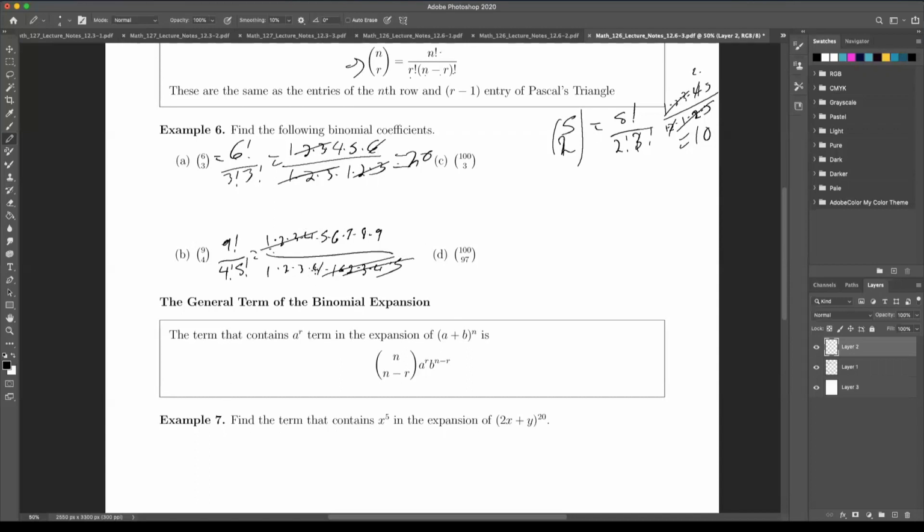The 2 and 3 give me the 6. The 4 and the 8, I can get rid of and make it a 2. So I have 7 times 2, which is 14, times 9. That's 140 minus 14, so 126.